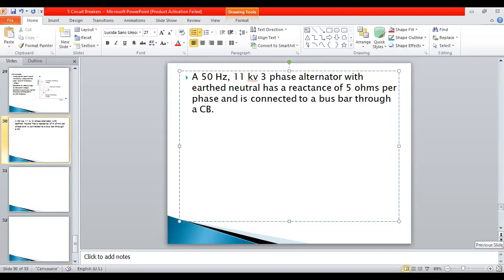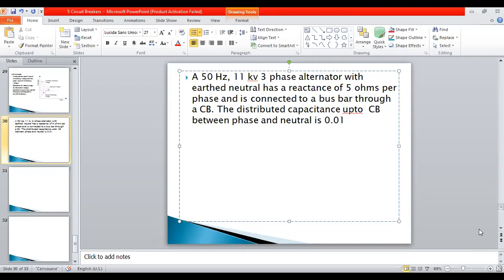The distributed capacitance up to the circuit breaker between phase and neutral is 0.01 microfarad.